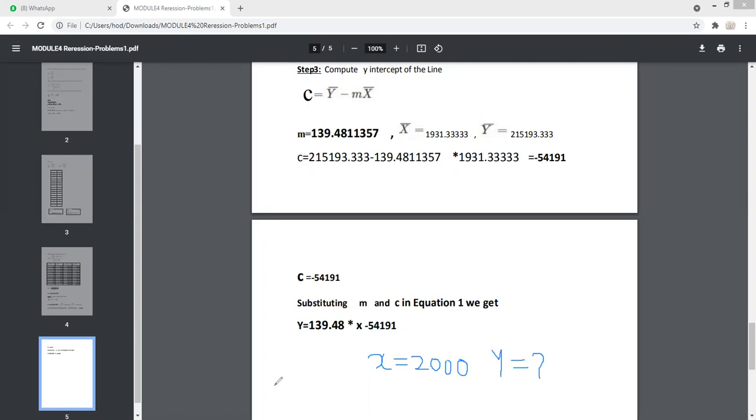You have to put y is equal to 139.48 into 2000 minus 54191. When you substitute this and calculate, you'll get the price y.